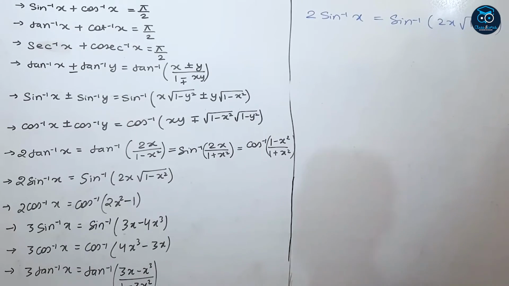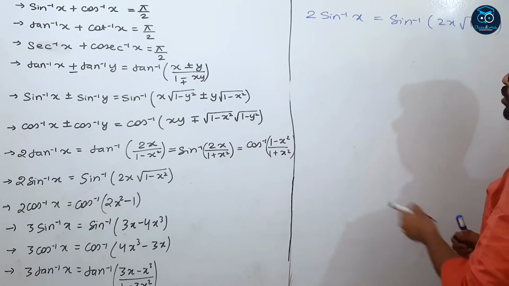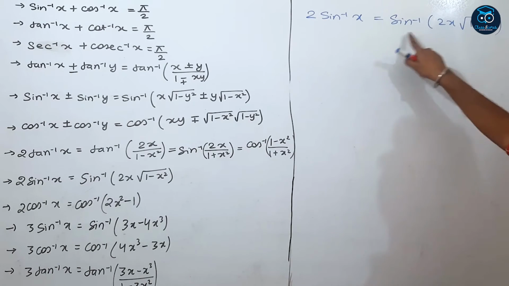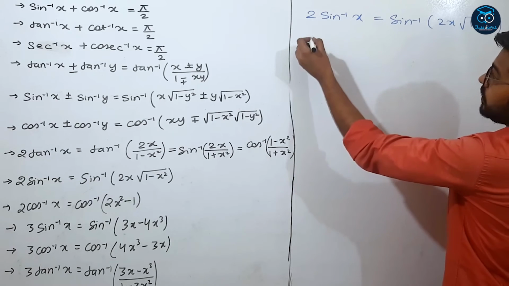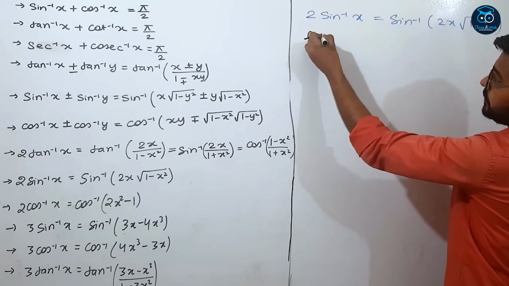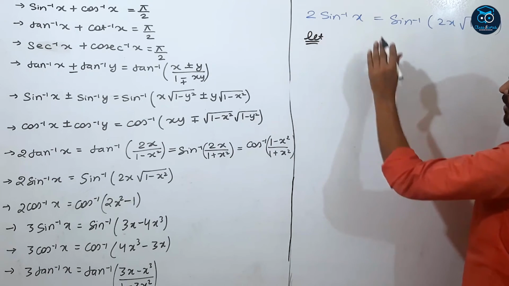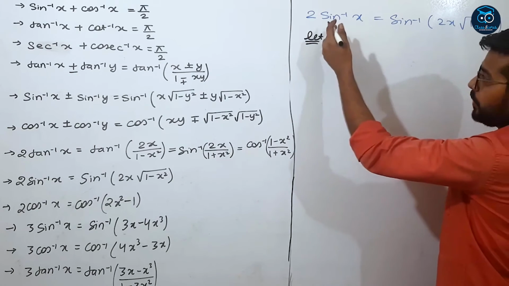Now moving towards the next question: 2 sin inverse x equals sin inverse 2x square root of 1 minus x square. We have two methods for this.